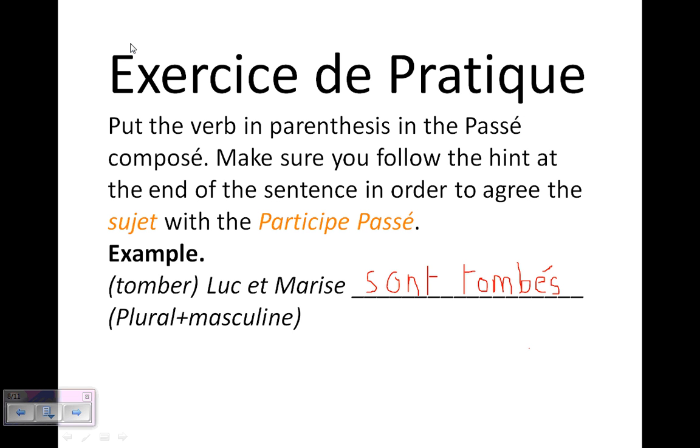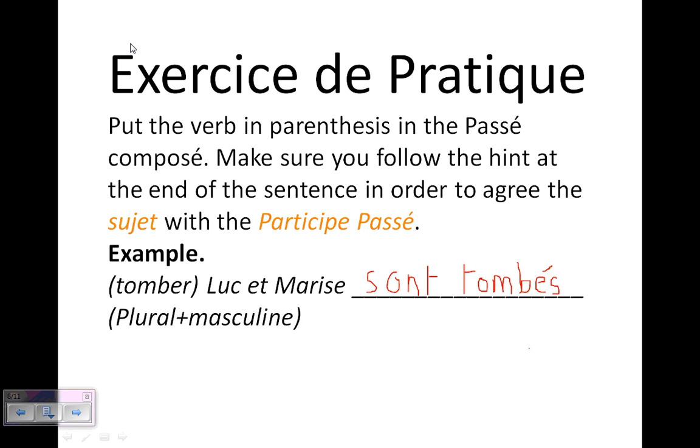And underneath is another part in parentheses. That's a hint for you that you don't usually get in life. I'm just giving it to you because it's the first exercice de pratique. In parentheses, you would see a hint that tells you the subject, whether it's plural, masculine, feminine, and so on, so you can agree the subject with the participe passé.